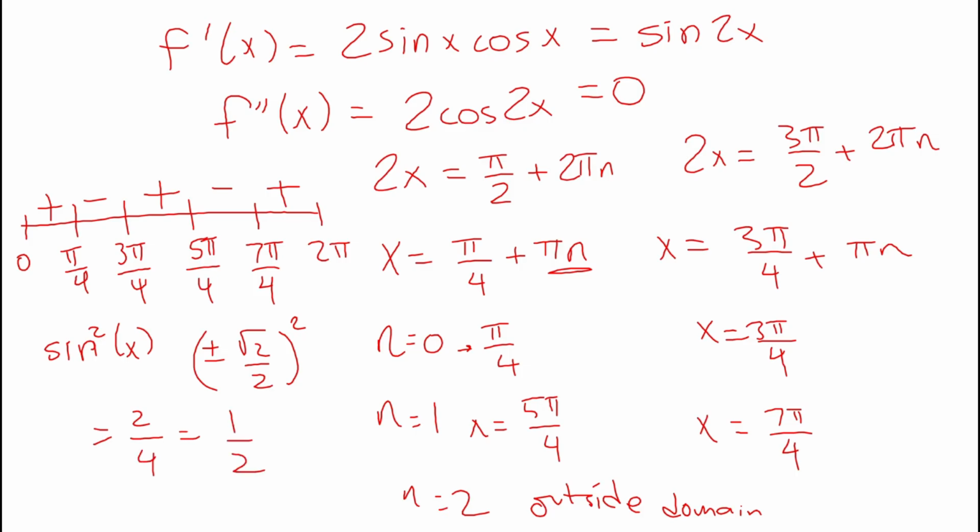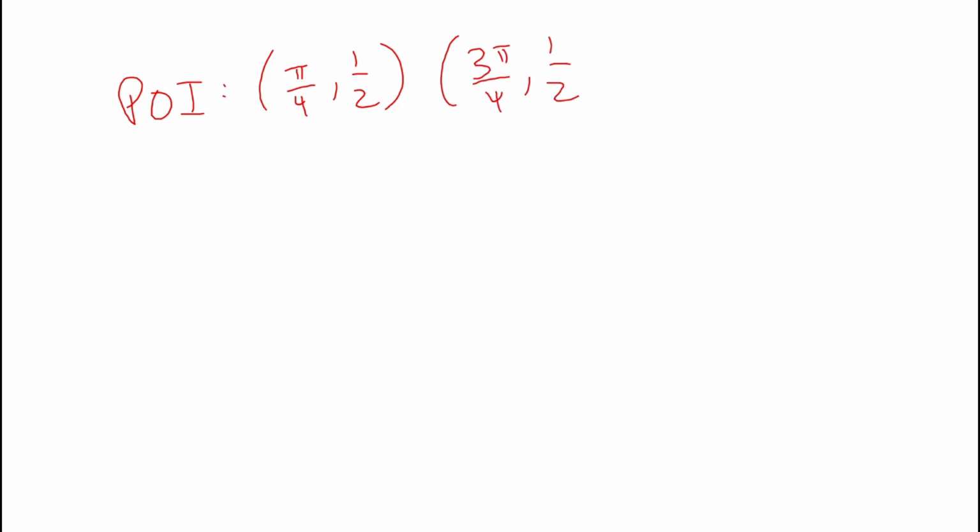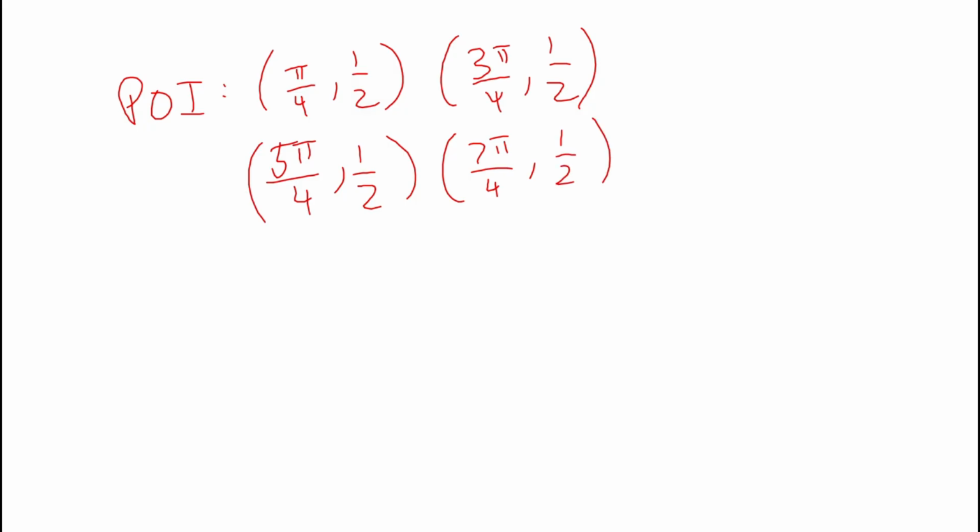So we're going to end up with all these points of inflection, but they're all just equal to 1/2. So our points of inflection are going to be pi over 4, 1/2, 3 pi over 4, 1/2, 5 pi over 4, 1/2, and 7 pi over 4, 1/2.